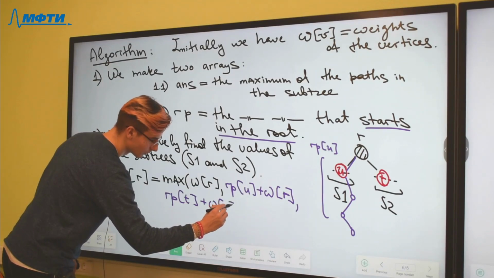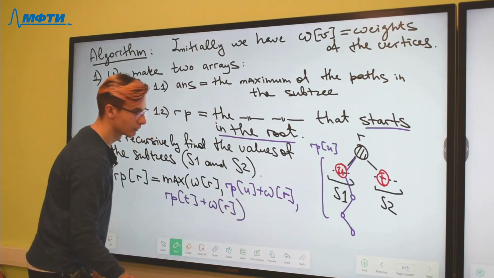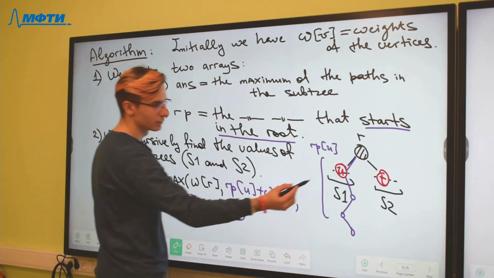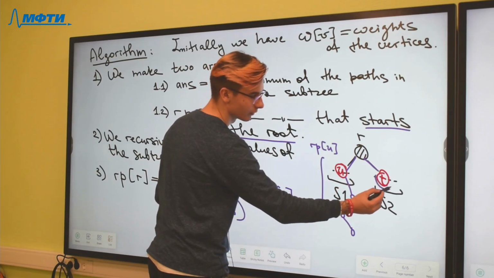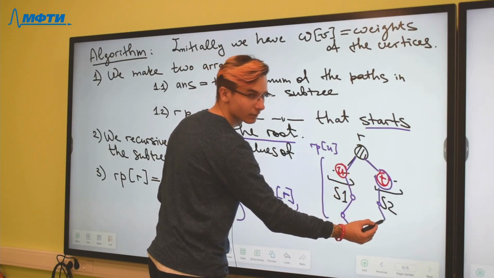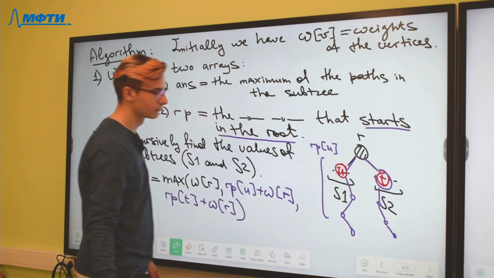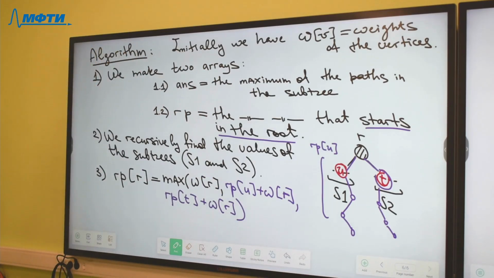So that is the other way to find this maximum path. So it's the new RP for the root.